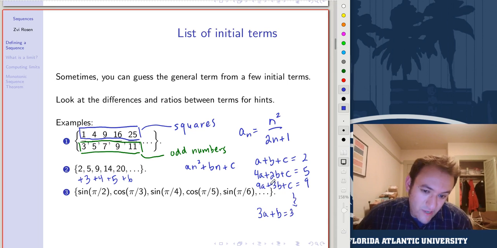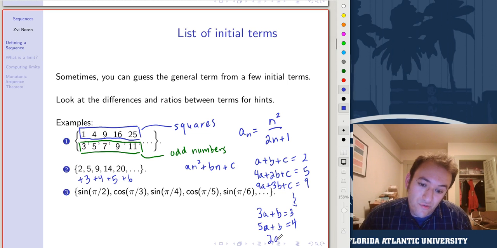And then we can subtract the second equation from the third equation to get 5a plus b equals 4. Doing this one more time, subtracting the first of these from the second, we get 2a equals 1. This tells us that a equals a half, which tells us in turn that b is equal to 3 halves.